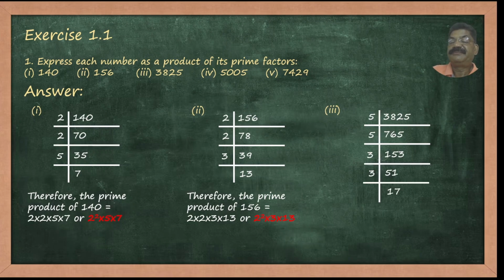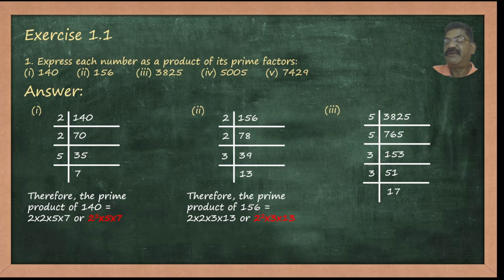3825, third sum. Obviously, it is divisible by 5. So, I divided by 5. The quotient is 765. Again, I divided by 5. The quotient is 153. It is divisible by 3. To find if a number is divisible by 3, you simply add the digits. 1 plus 5 plus 3 is equal to 9, which is divisible by 3. Therefore, 153 is divisible by 3. So, I divided by 3.